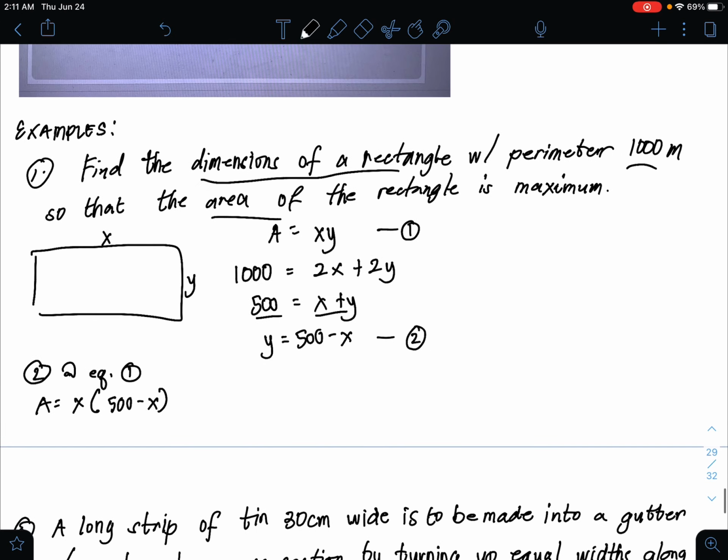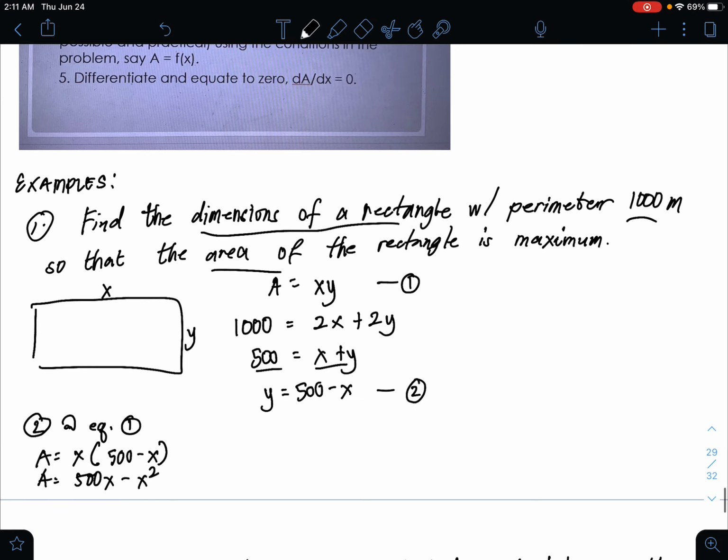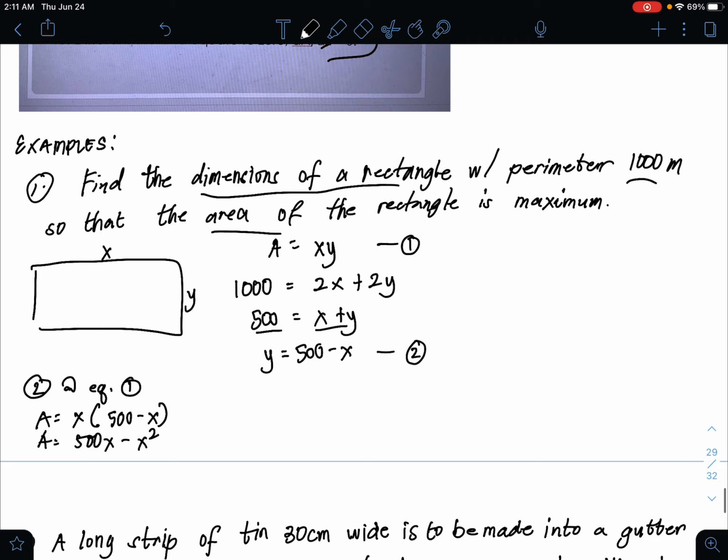Okay? So, therefore, we can have this equation as area is equal to 500x minus x squared. Then, the last step of maxima and minima problem is to differentiate with respect to x. So, that's 500 minus 2x. Then, equate to 0.